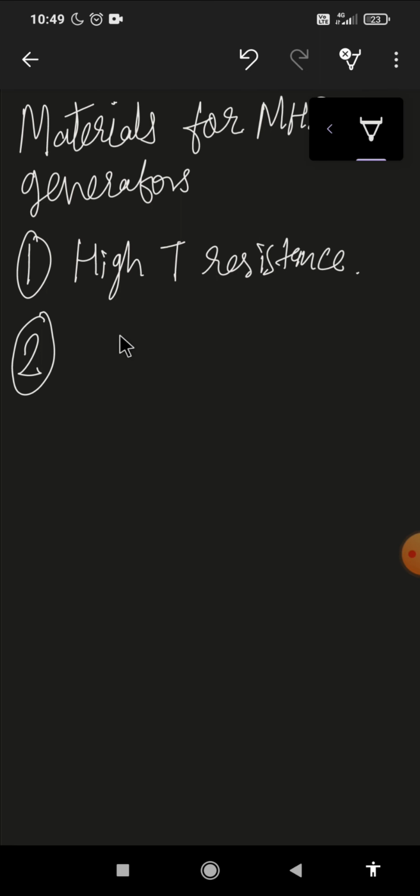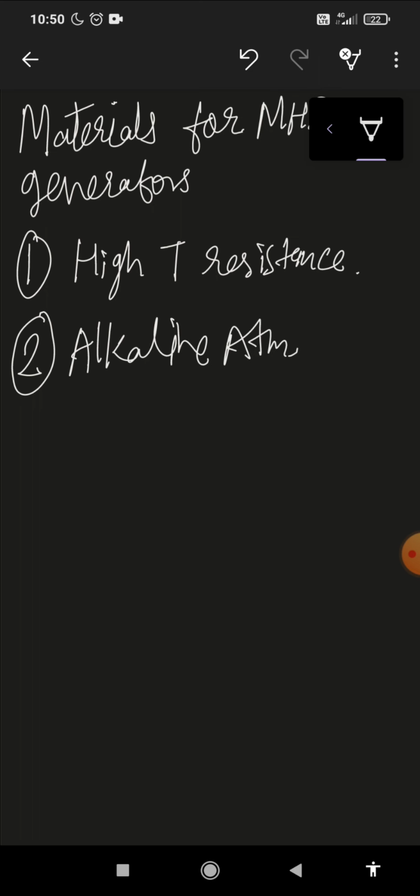Also, the alkaline atmosphere due to the presence of seeding materials makes this MHD duct extremely susceptible to corrosion. So the selection of the materials is very limited due to the stringent environmental conditions.